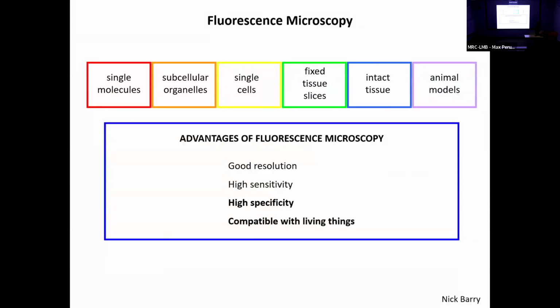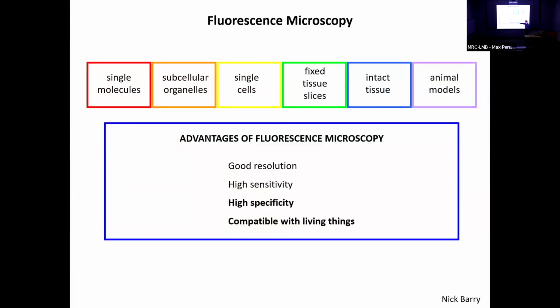The advantage of fluorescence: well, we get good resolution, and there's no compromise on resolution. High sensitivity, so with modern microscopes with a camera or whatever, you can detect the fluorescence from a single fluorescent molecule. Very high specificity. We're putting in a protein, a GFP protein construct. It's only that protein that's got the GFP on it.